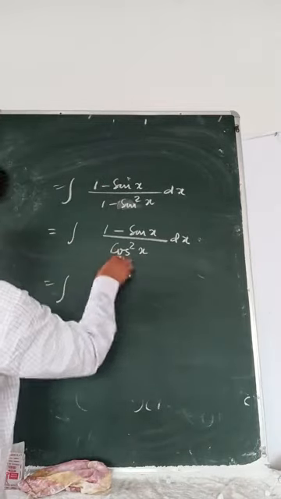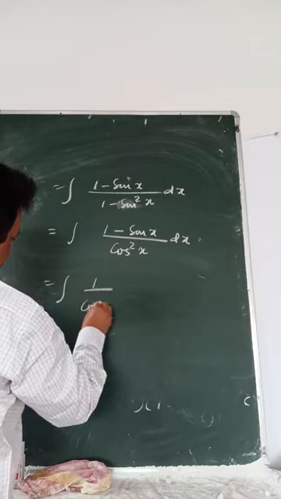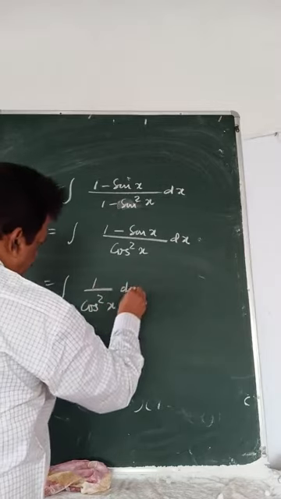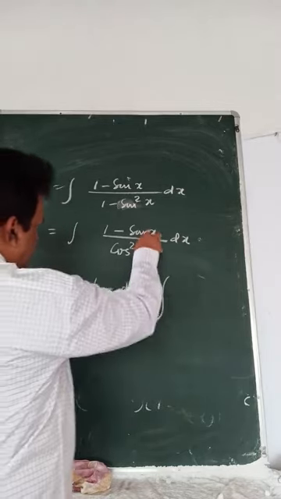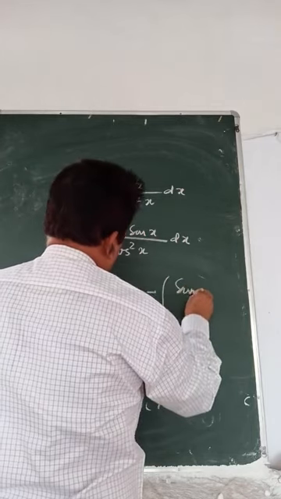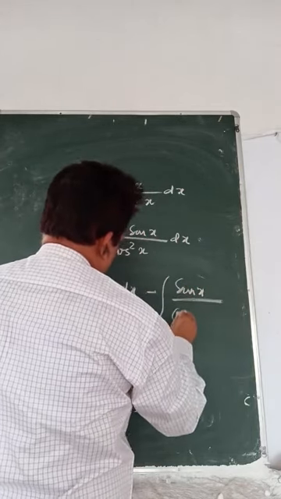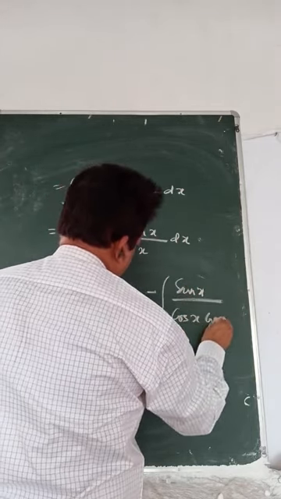So 1 by cos square x minus sin by cos x.